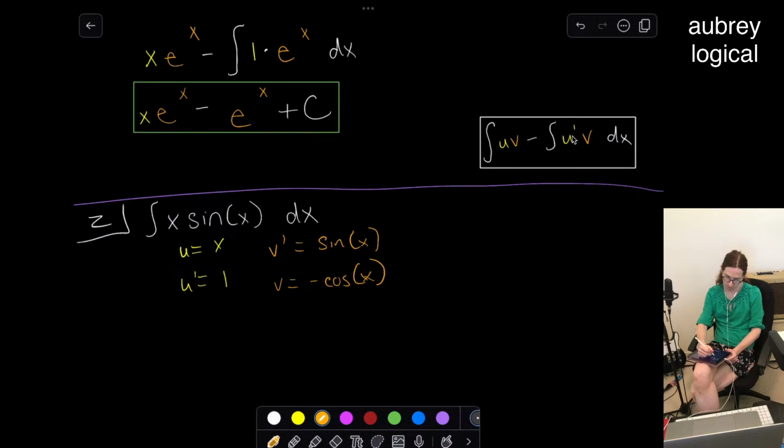So, putting it all into our formula: x times v minus the integral of u prime times v times dx.